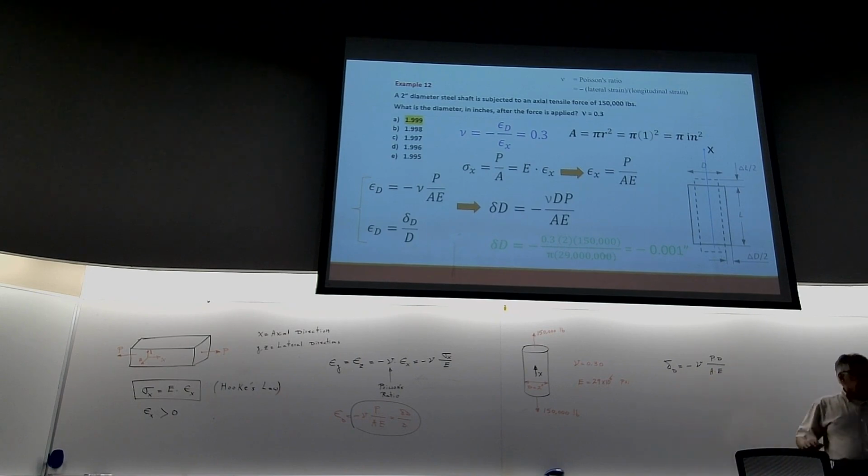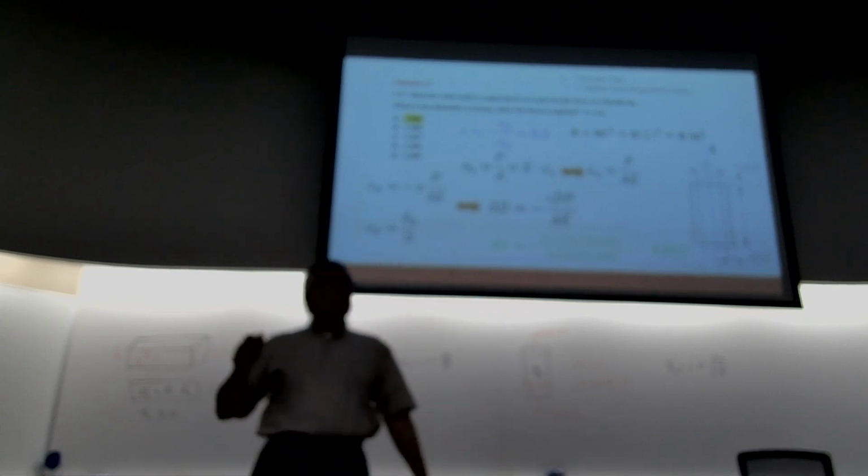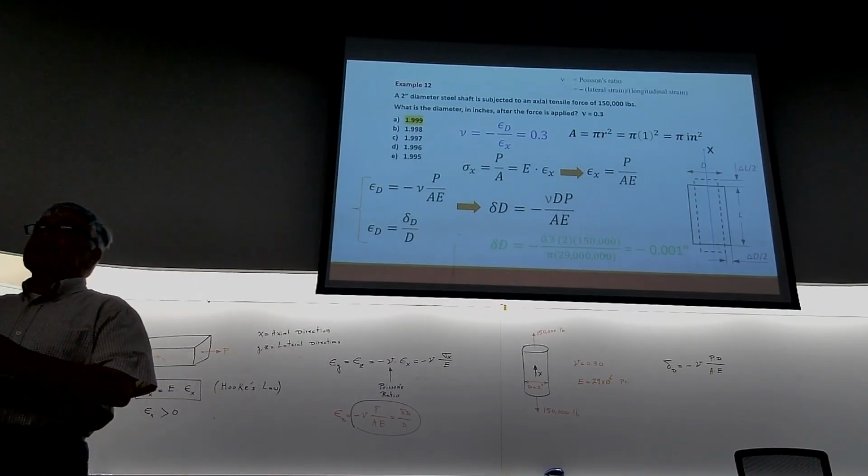This is this equation here. 0.3 for nu, 2 inches for D, force 150,000. Area is pi r squared, and R is 1, so area is just pi. And E is 29 million. And we do have a minus here, so the diameter goes down by 0.001. So it goes from 2 to 1.999 inches.